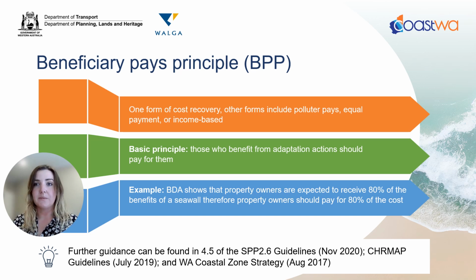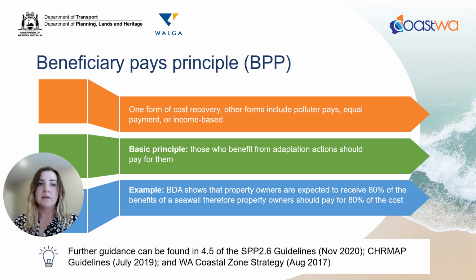Another important concept that we're going to cover today is the beneficiary pays principle. The beneficiary pays principle is one form of cost recovery. You might come across other ones, including polluter pays, equal payment, or income-based. The basic principle is that those who benefit from adaptation actions should pay for them.